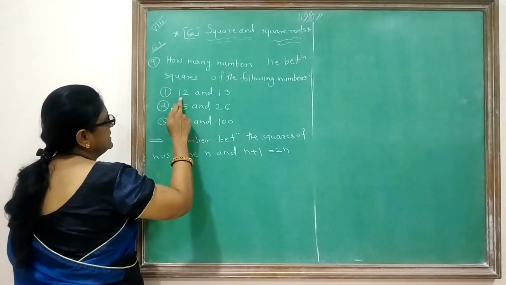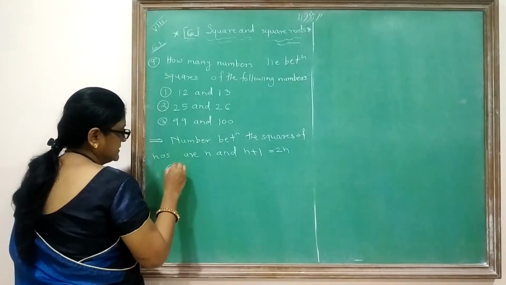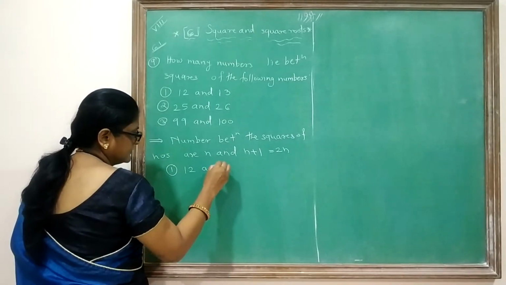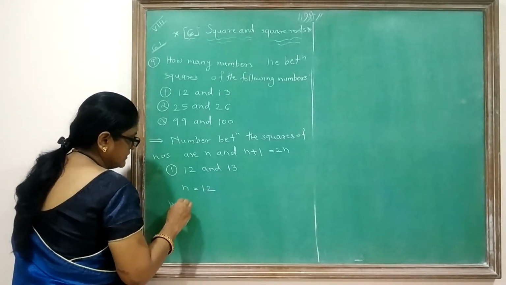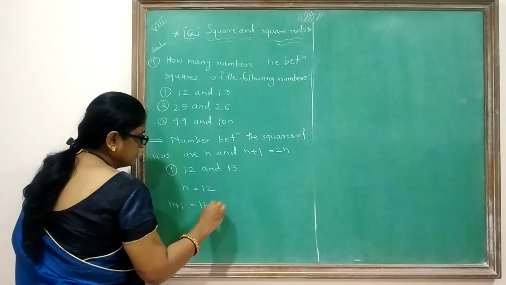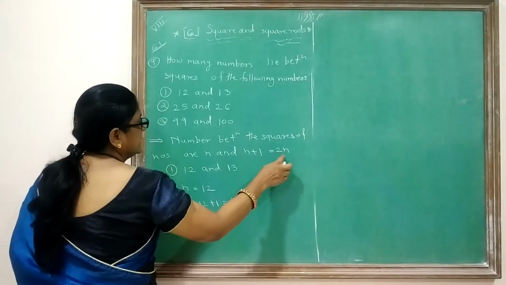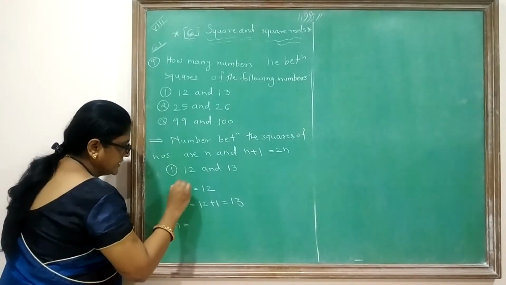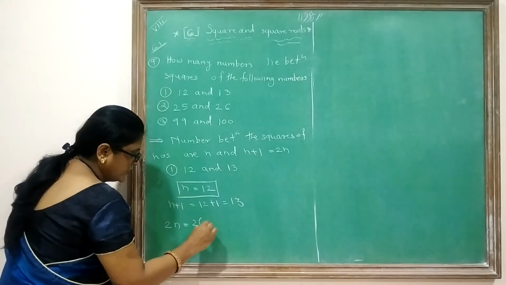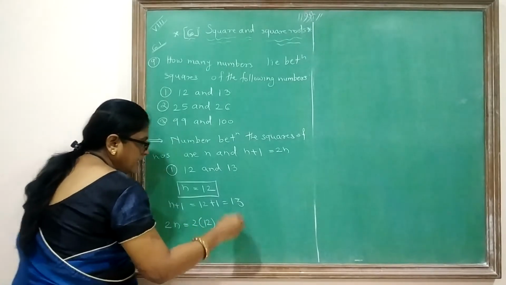In your first example, 12 and 13 are present. Here n is 12, and n plus 1 is 12 plus 1, equal to 13. Here 2n means 2 into 12, then 24.